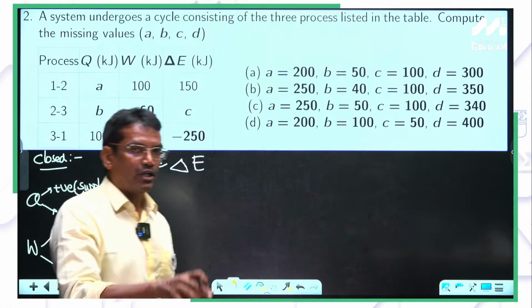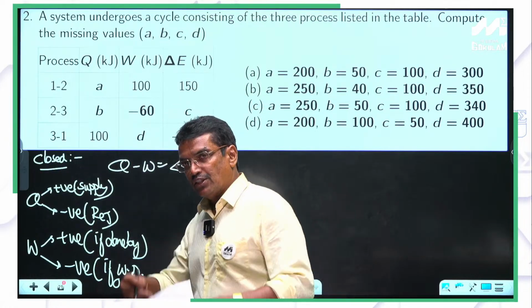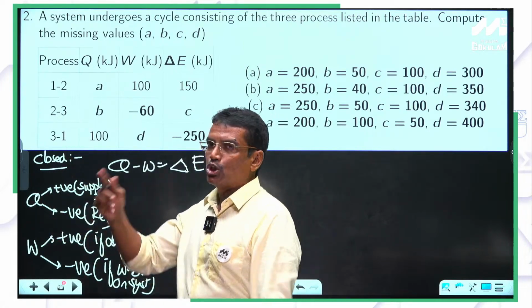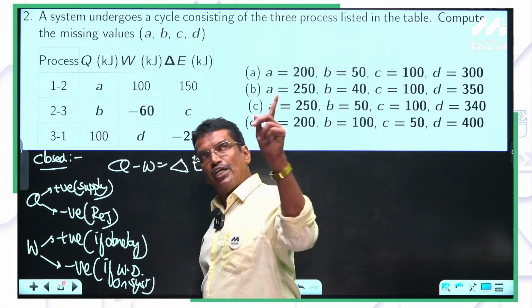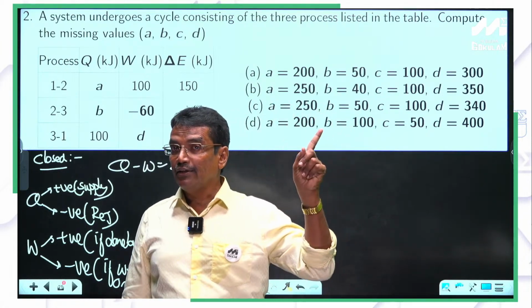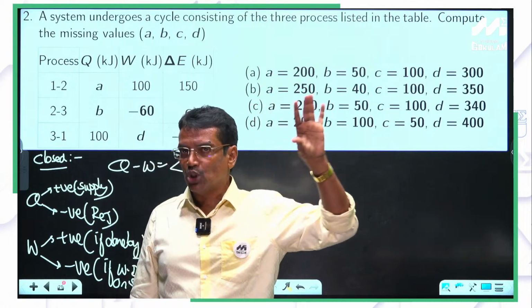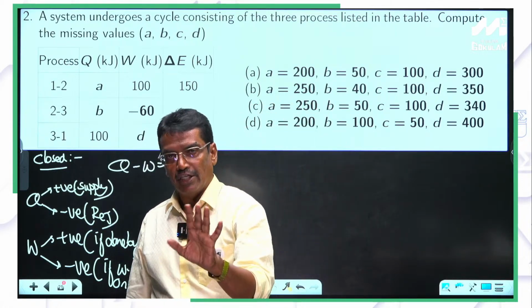Any compression work is negative, any expansion work is positive. Whenever heat is supplied, that is treated as positive. Whenever heat is rejected from the system, it should be treated as negative. Remember that. Suppose you take a tubelight as a system, there the heat transfer is from the system to the surroundings. Because the bulb is hot, that should be considered as heat rejection, so heat transfer is negative.